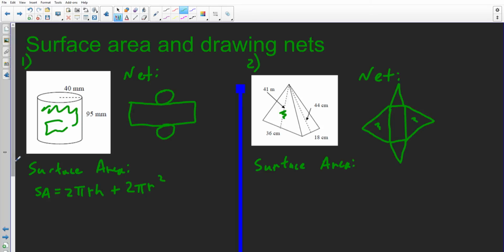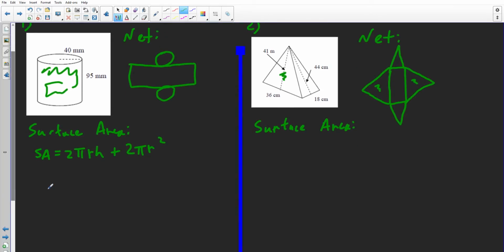So let's do that. For the surface area, that's going to be equal to 2 pi times 40, right? Because the radius is 40 millimeters. And then the height is 95 millimeters. Plus 2 pi times r squared, which is just 40 squared.